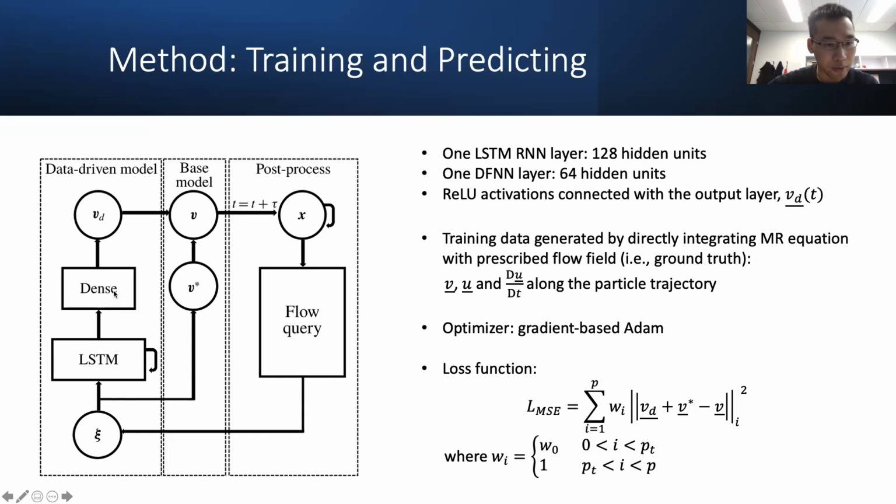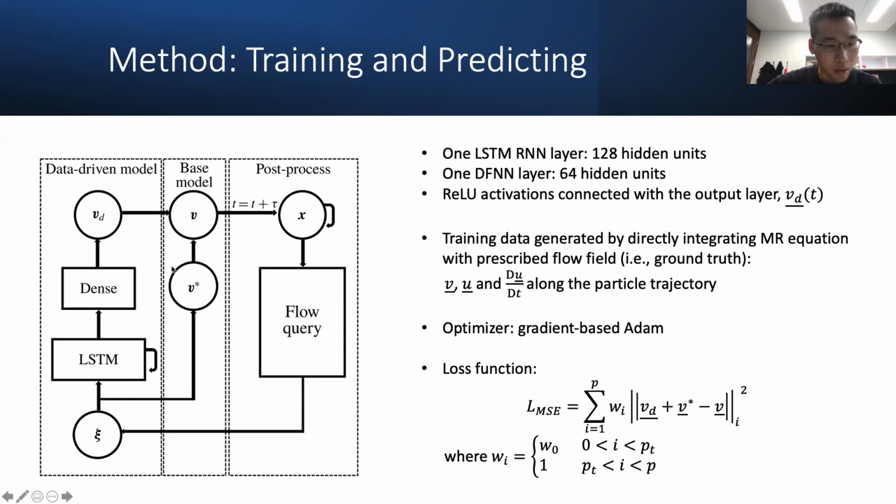And during the training, once they get this output, the model particle velocity, they combine it with the reduced order velocity, and then compare that velocity with the exact velocity obtained from the MR solution.